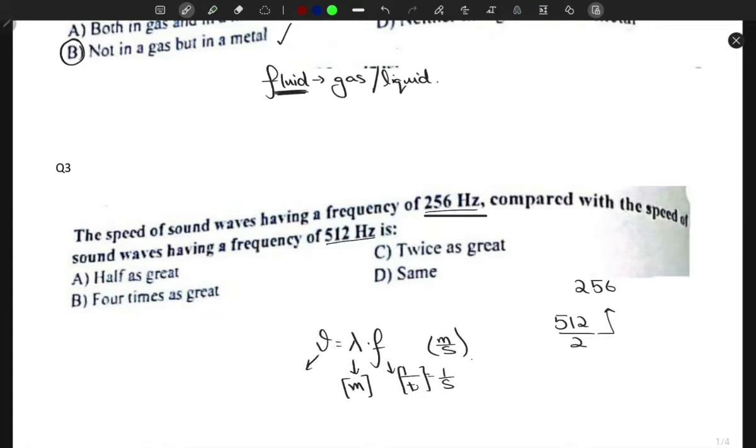This thing is a constant. And what really happens is, by changing frequency, the wavelength is affected, and that's why the speed remains constant. So if frequency is increasing, this implies that the wavelength really decreases. Speed will not be affected, and hence the correct answer is same. So the speed would remain same.